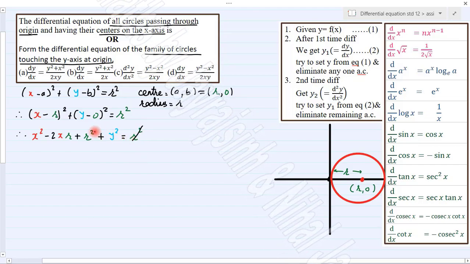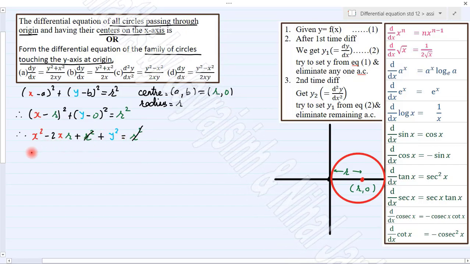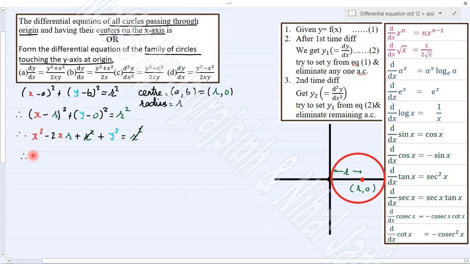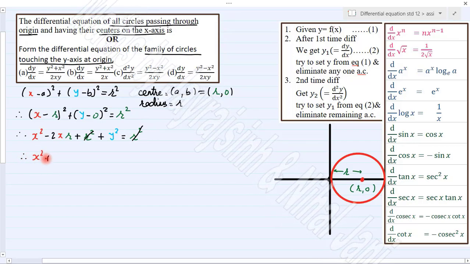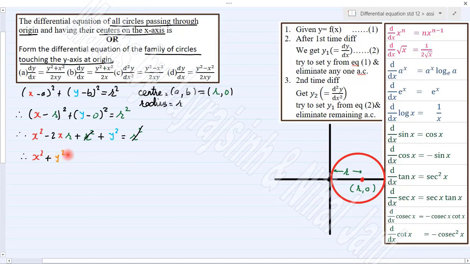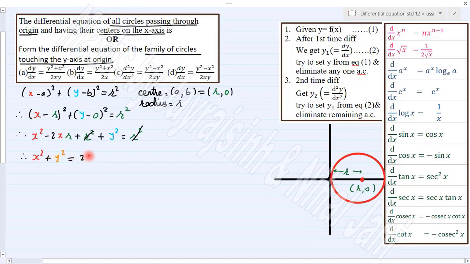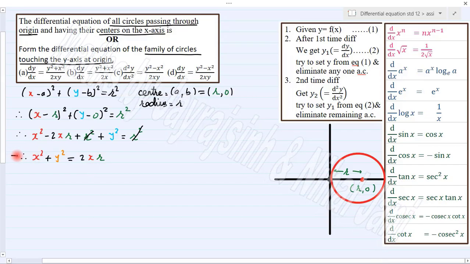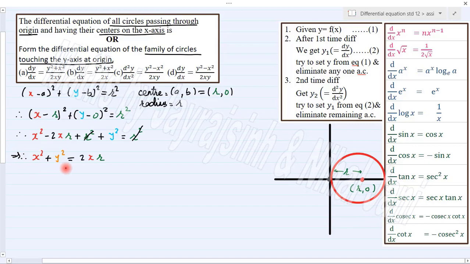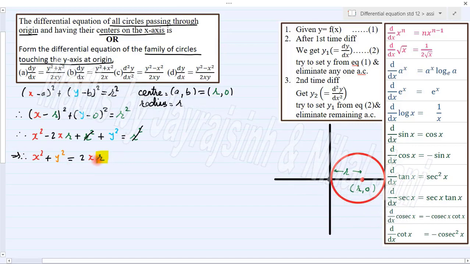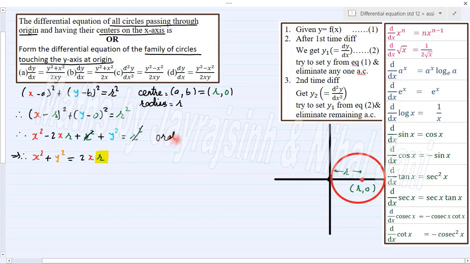Now here your r square can be cancelled out and we will get x square plus y square is equal to 2xr. So finally we get the simplest form of equation of our family of curves, in which the arbitrary constant is r. So we can say the order of our differential equation must be 1.